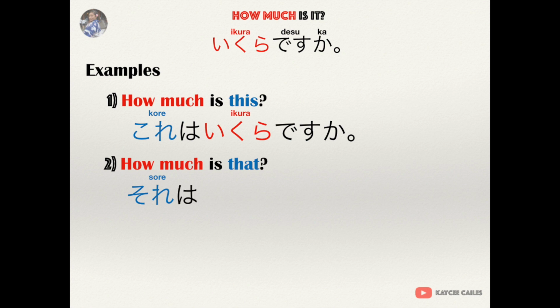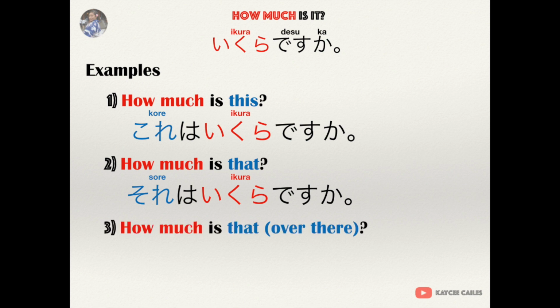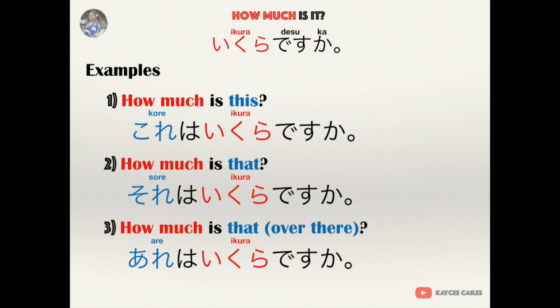Sore wa ikura desu ka? For the third example, we would like to ask, how much is that over there? And that over there in Japanese is are. With that, our sentence is are wa ikura desu ka?